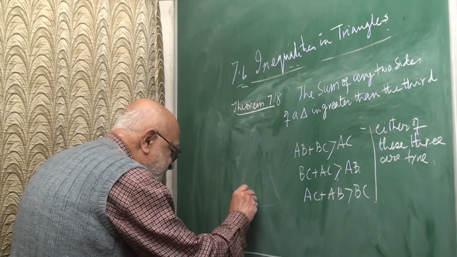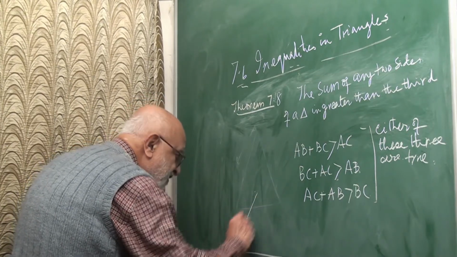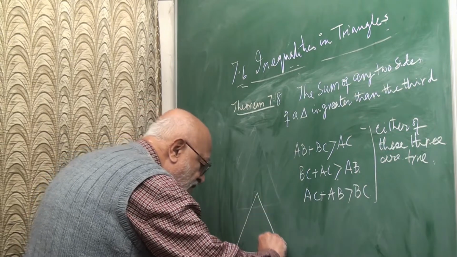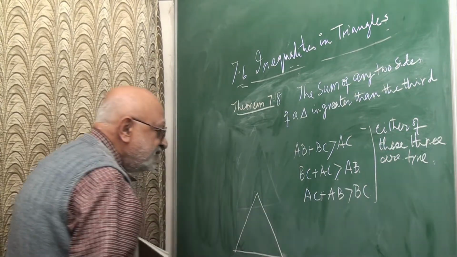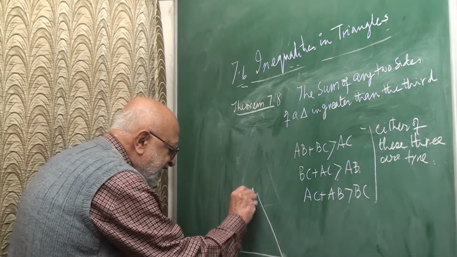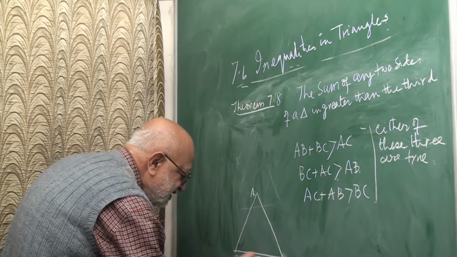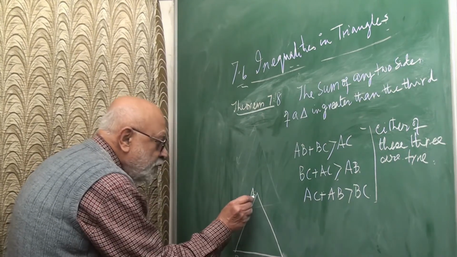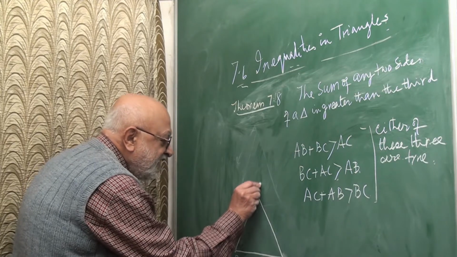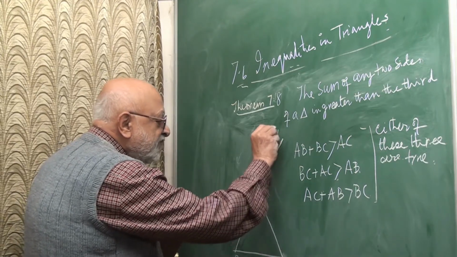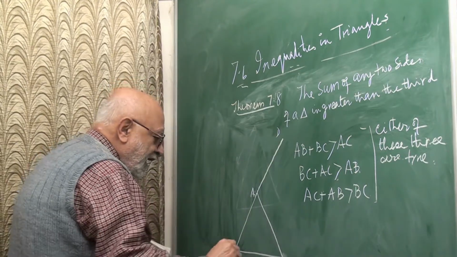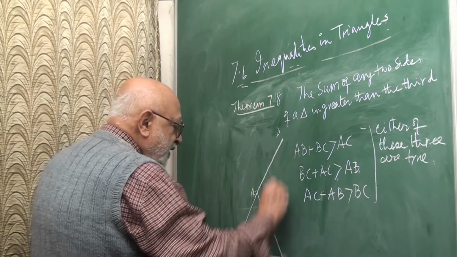I will make this triangle a little bit shorter, so that I can do some construction here. So this is A, B and C. Produce AB to D so that AD is equal to AC.